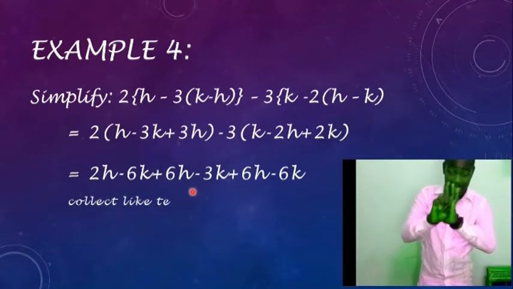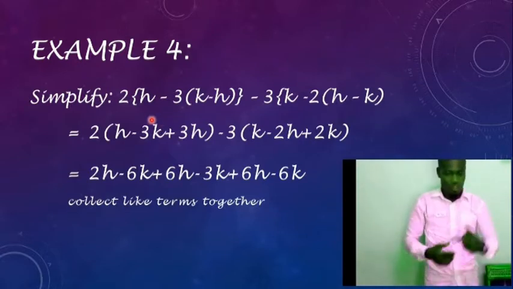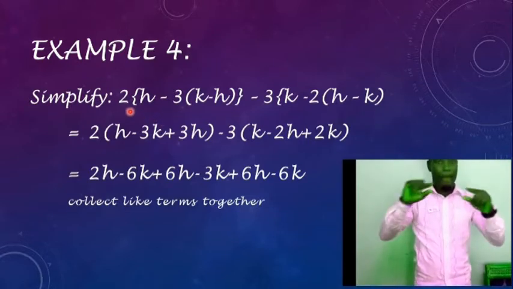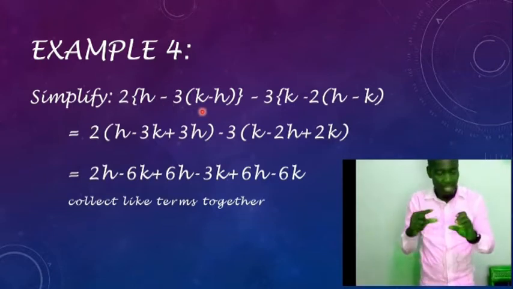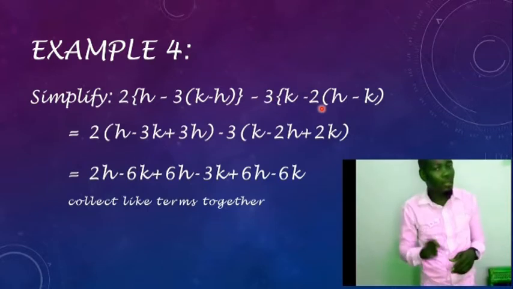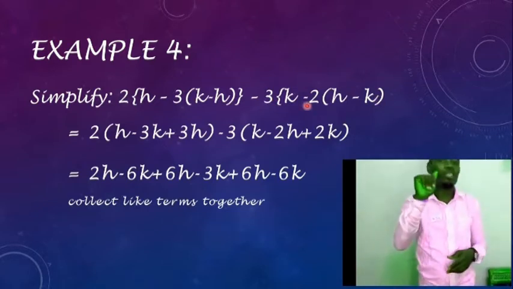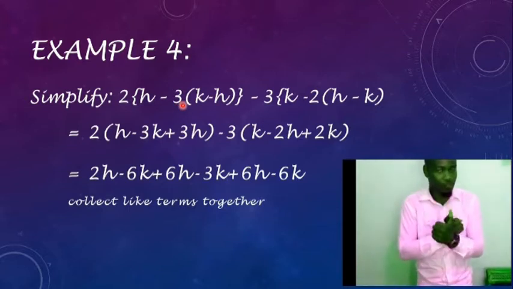Let's look at another example. This example is long, but it's very straightforward. We have a bigger bracket: h minus 3 into small bracket k minus h, close the bracket, minus 3 into bracket k minus 2 into bracket h minus k. Now using BODMAS, we have to solve the entries in the bracket first.